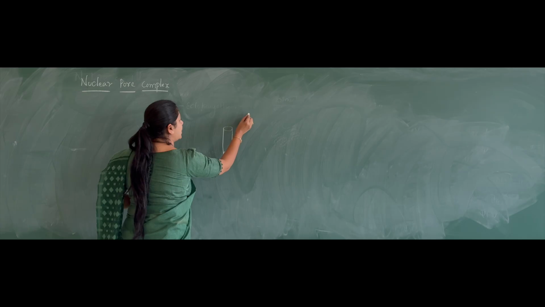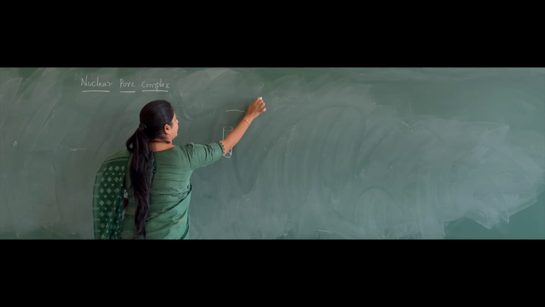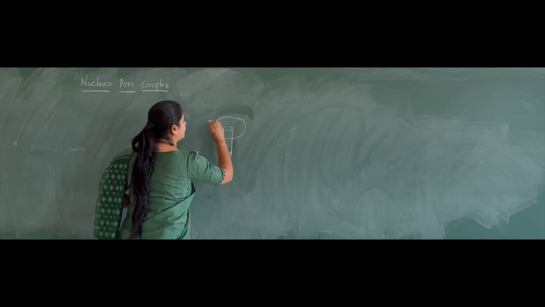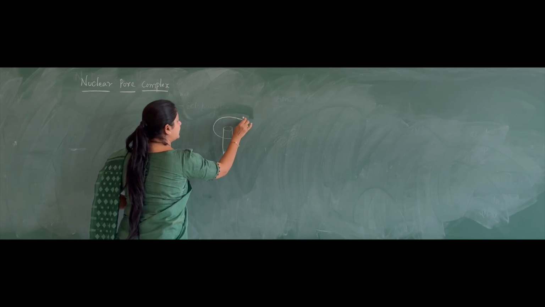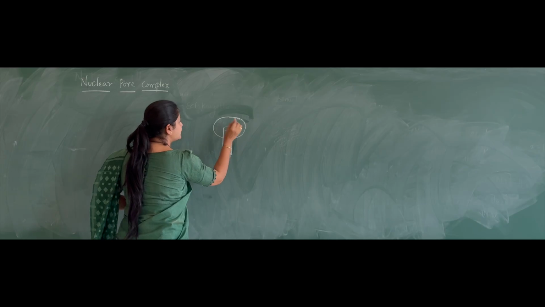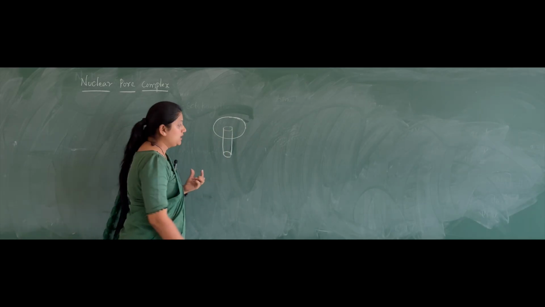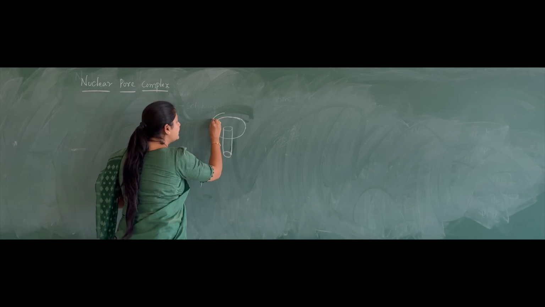Around the central channel, there is a central hub which is called the central transporter. This transporter is made up of two rings like this.